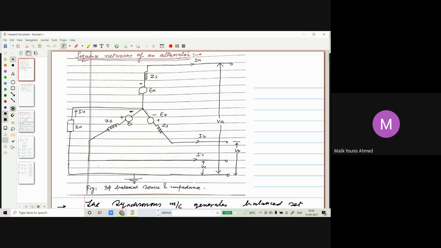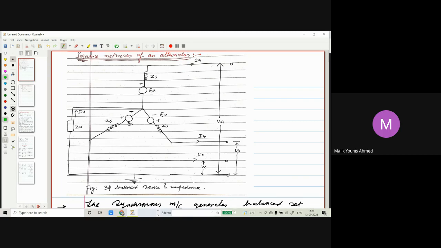Then the current direction is here, so it will be positive here, negative here. So coming from here, it will be negative Zn IN. I will show you the path.